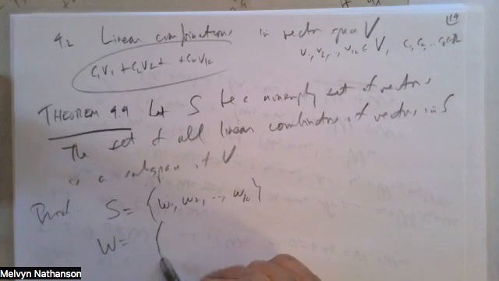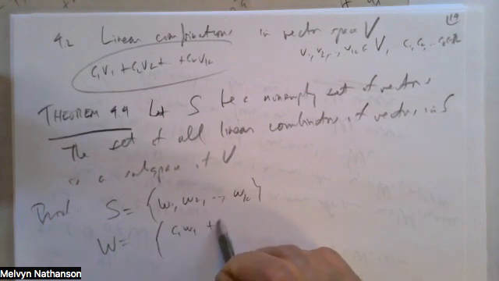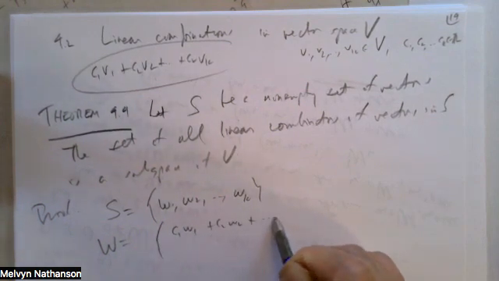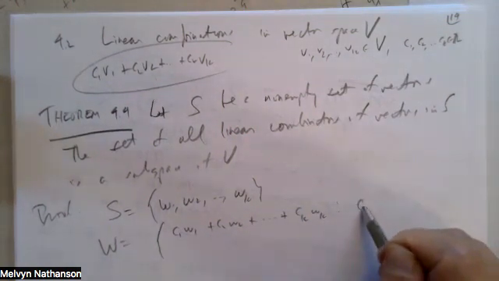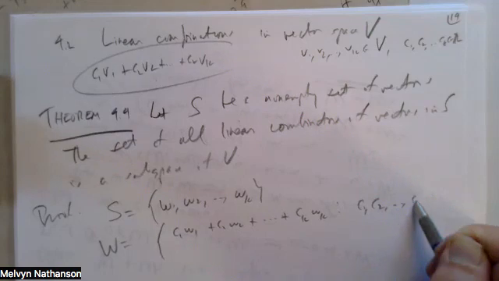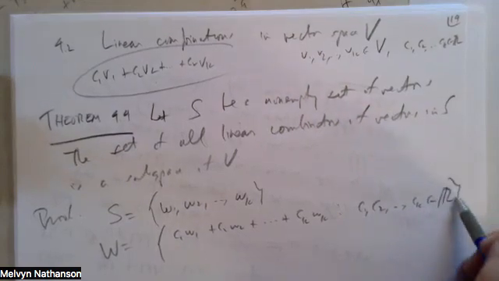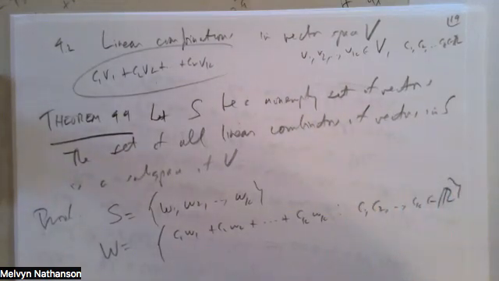That's all vectors of the form c1w1 plus c2w2 dot dot dot ckwk, where c1, c2, and so forth up to ck are real numbers, are scalars. So I want to show this is a subspace. Well, all you have to do is show that it's closed under vector addition.